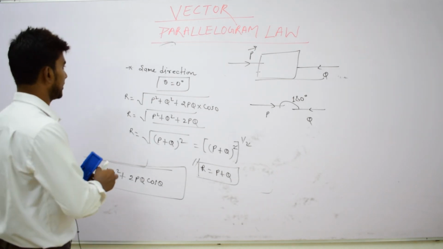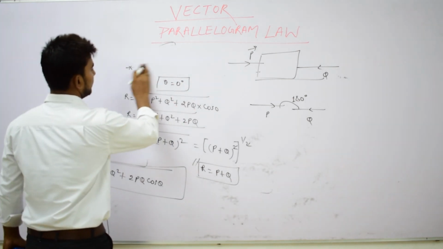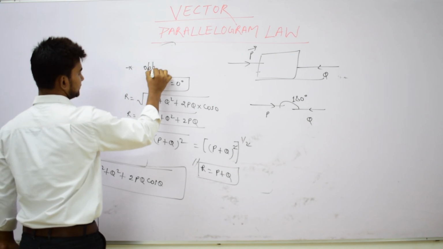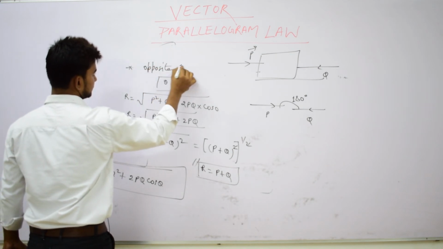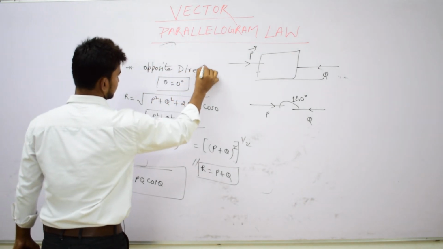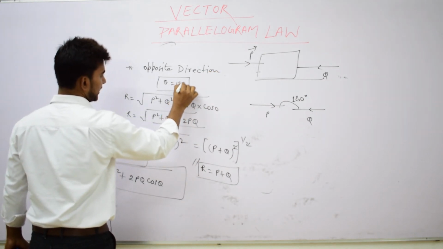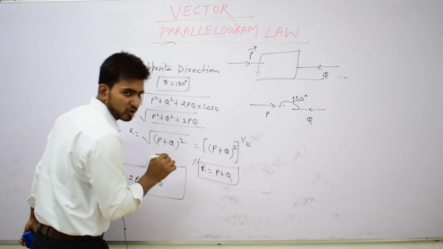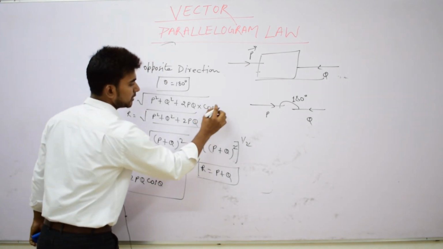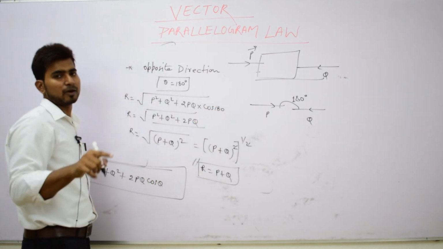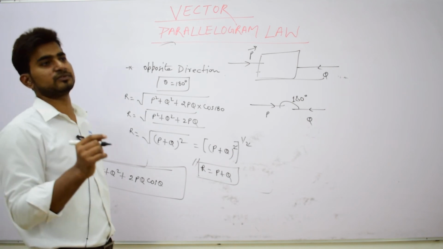For the opposite direction, if theta is equal to 180 degrees, then what modification will be there? In place of theta we have to put 180 degrees, and cos 180 value is -1.